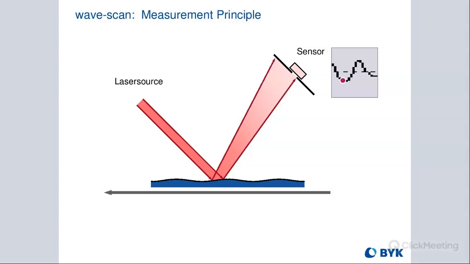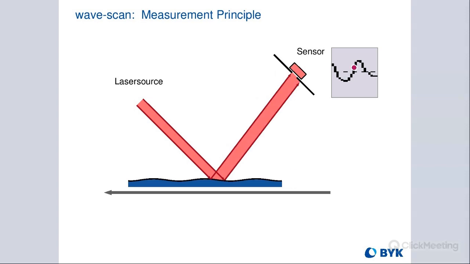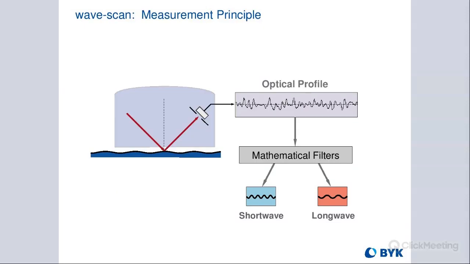And as it rolls across the surface, the angle in the surface, depending on the structures, is either going to cause that light beam to widen or to narrow. And so we have a sensor that's going to measure this effect, and that's what creates this optical profile that we get. And then we can apply mathematical filters to separate that optical profile into different scales that are useful to us, beginning with the long.